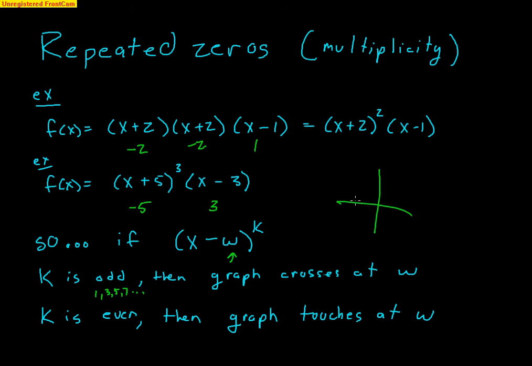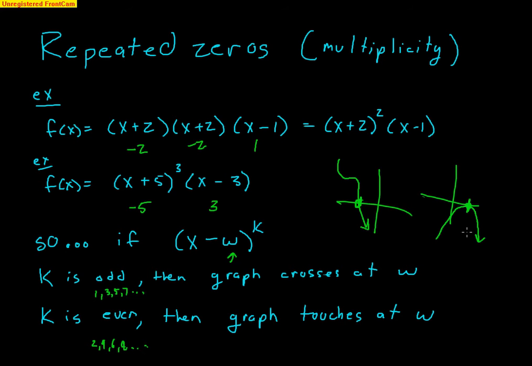So if here's my function and here's w right here, then that means here comes my graph and I cross at that point to make a zero. Okay? Now, if my multiplicity is even, meaning 2, 4, 6, 8, and so forth, then I don't cross at that point, I just touch. So a touch would look like this. Let's just say here's w right there, and at a multiplicity of 2, I don't cross, I just touch and come back down. Okay?